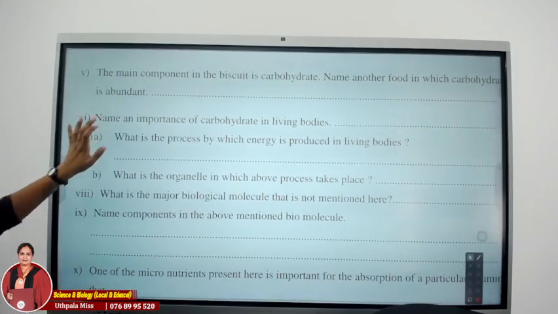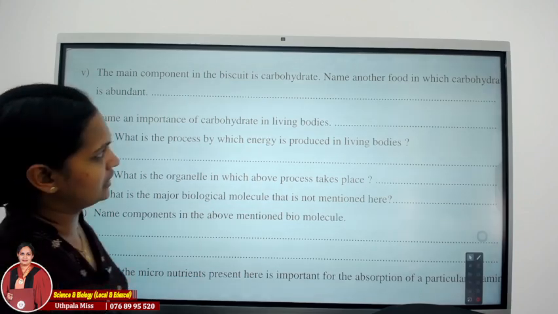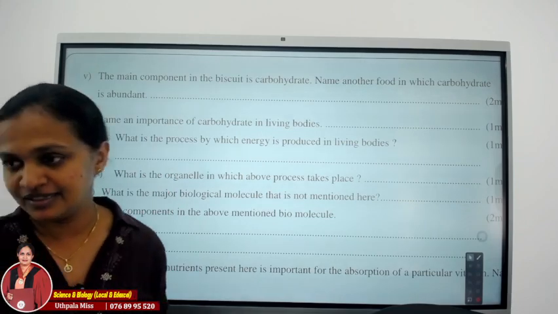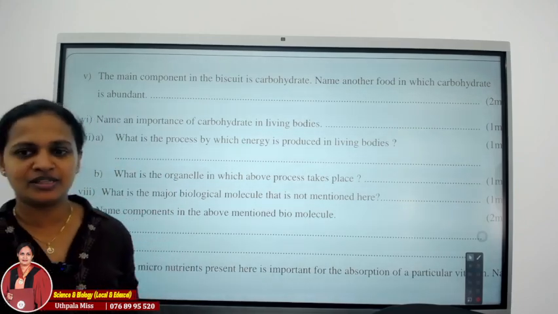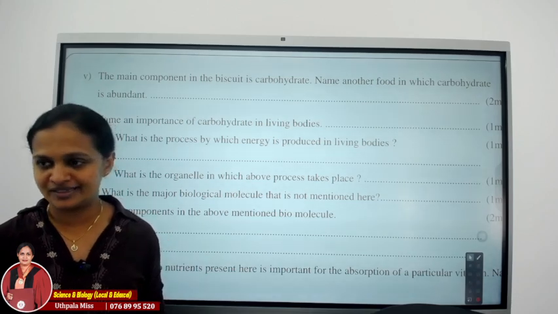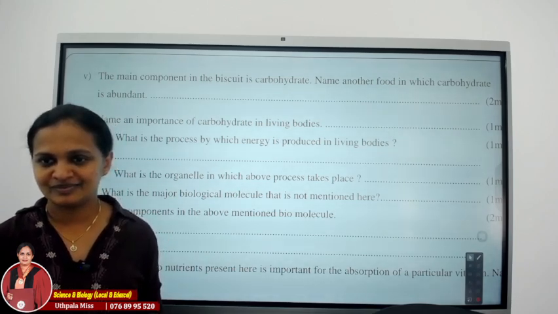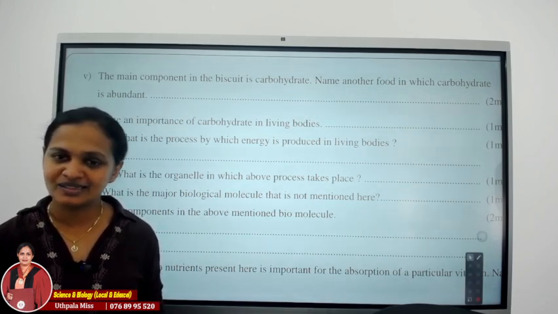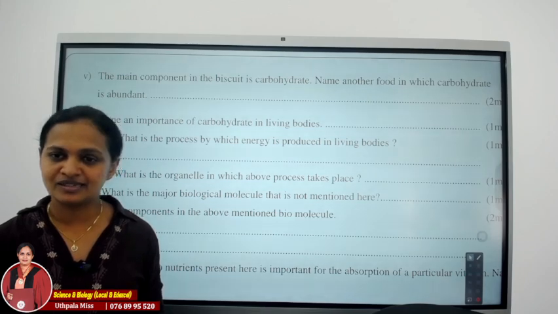The main component in the biscuit is carbohydrate. Name another food in which carbohydrate is abundant. Sweet potato, potato, beans, grain, rice, bread, sugar.